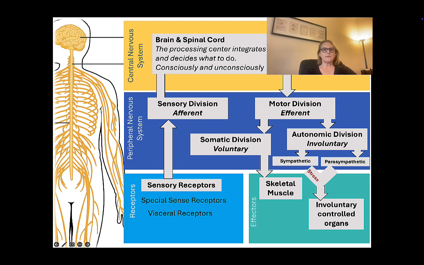It is activated during stressful situations, preparing the body for action. It accelerates the heart rate, dilates pupils, and redistributes blood flow to skeletal muscle, which is essential for a quick and forceful action. In contrast, the parasympathetic division is considered the rest and digest system.